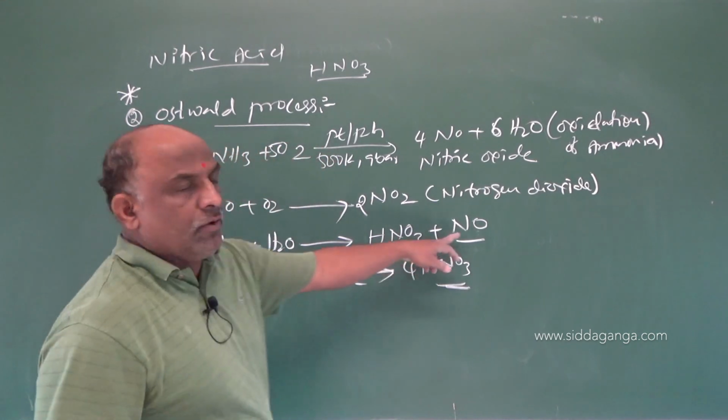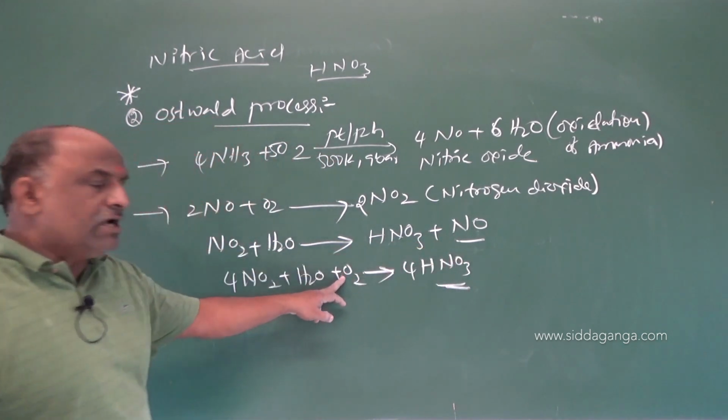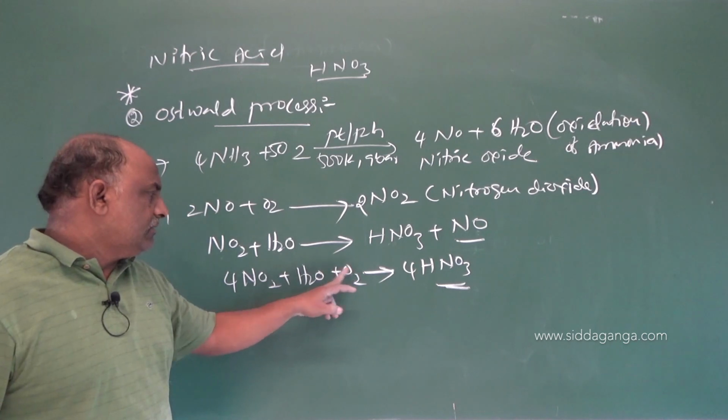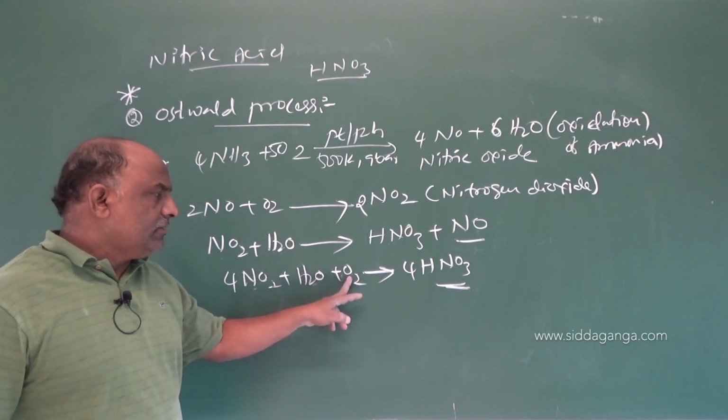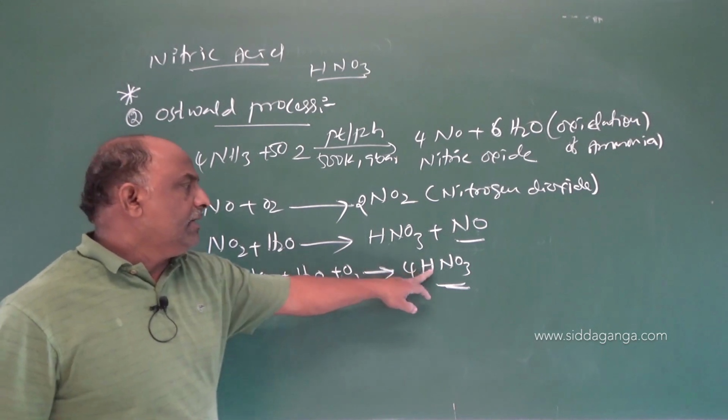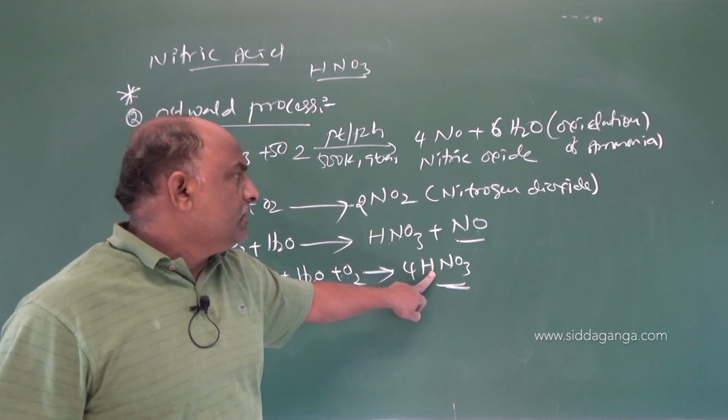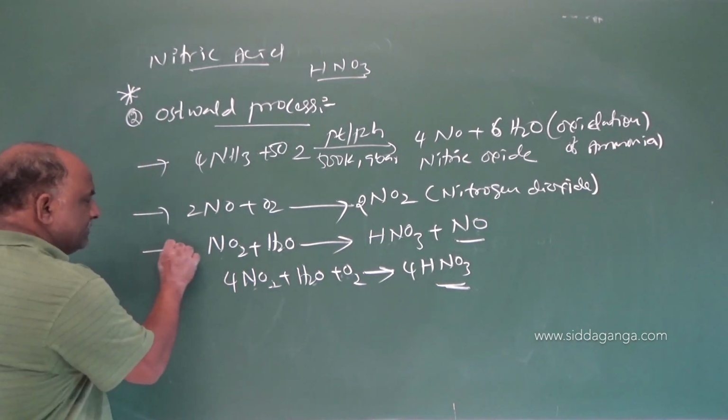By eliminating NO, we should pass oxygen. The nitrogen dioxide gas is dissolved in water in the presence of excess oxygen. Then we directly get nitric acid. So this was step 3.